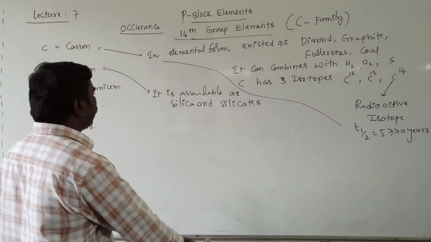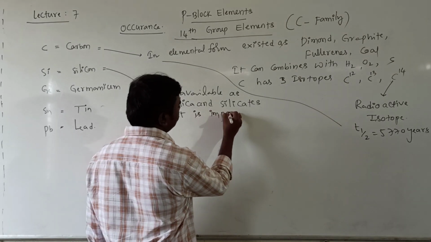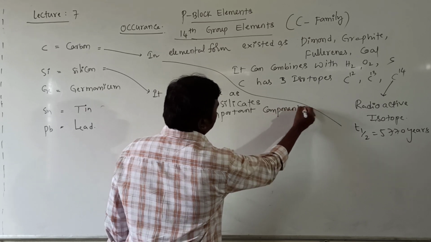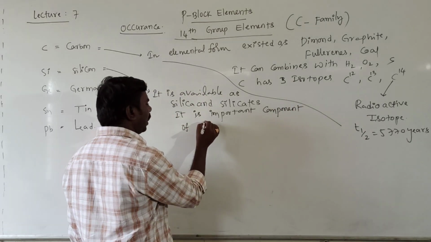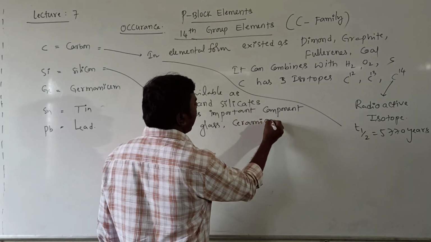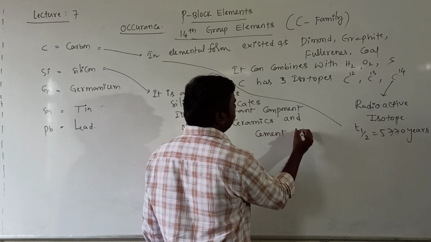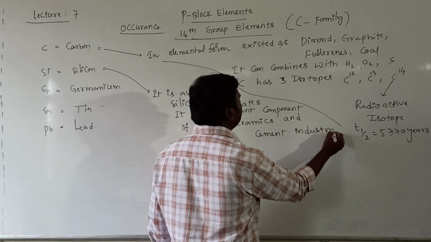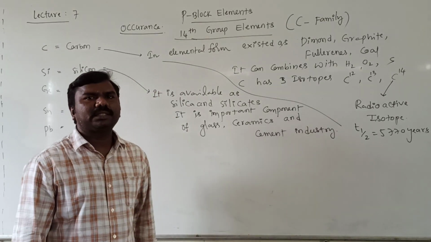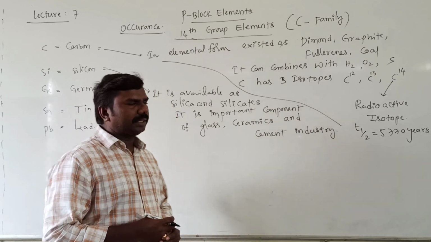It is an important component of glass, ceramics, and cement industry. One of the important components of these three industries is silicon, existing as silica and silicates.